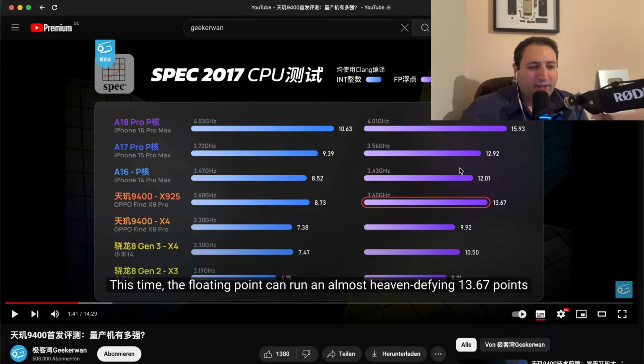But again, how do they even make the Spec 2017 run? Is there even a very optimized version for the A series chips? This has always confused me.